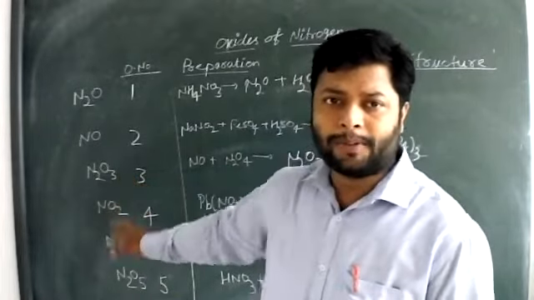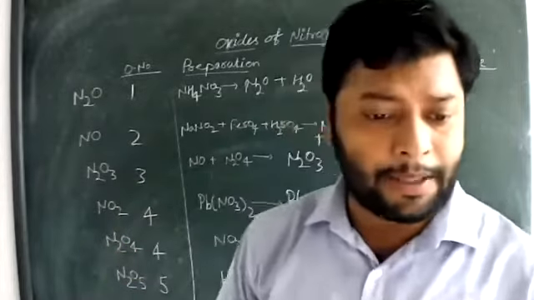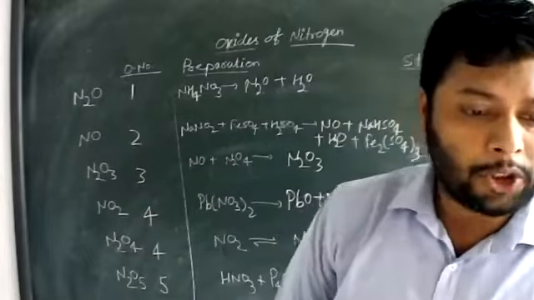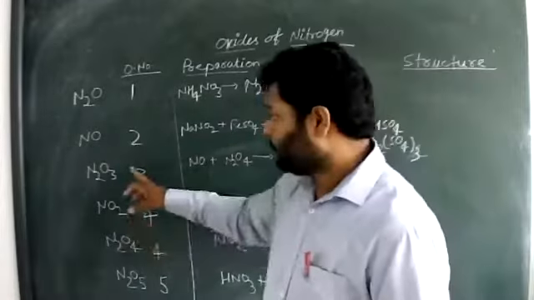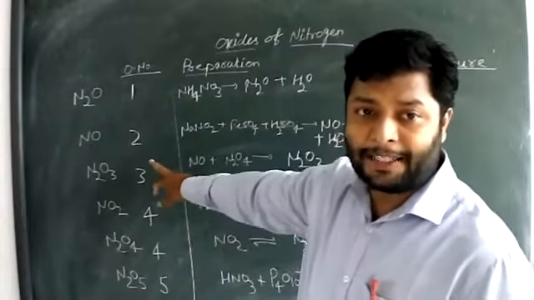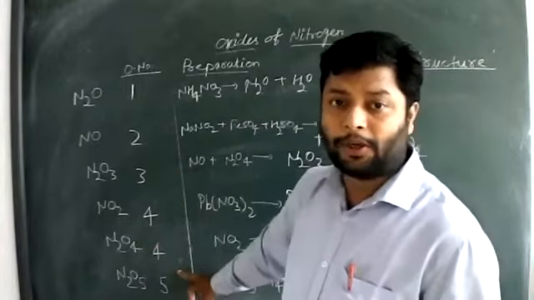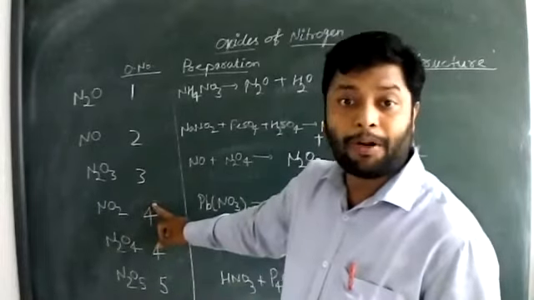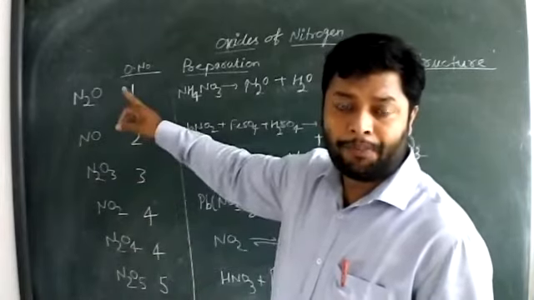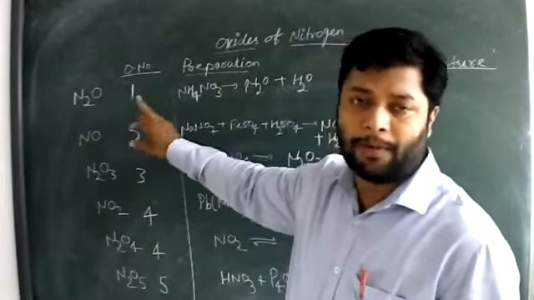Dinitrogen trioxide also should be solid, I think. Let's see the table. Solid, given. So two molecules are solid, dinitrogen trioxide and the last one. NO2 is a brown vapor. On dimerization, it will change into the liquid form, and the first two are gaseous.